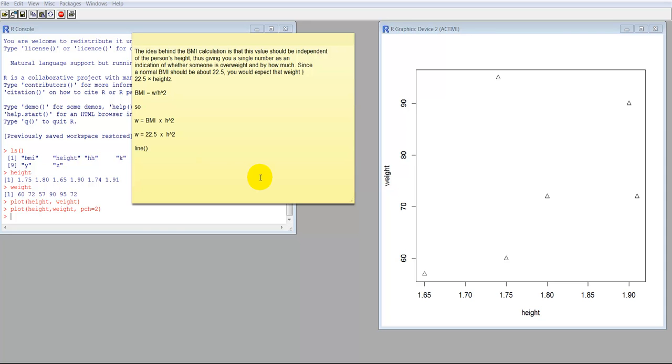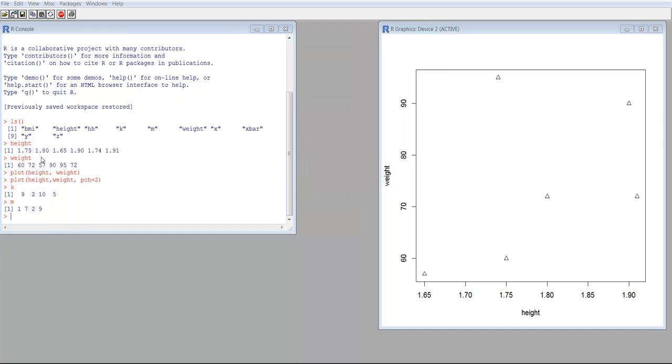Okay, so we're going to include this in our graph, but before we do that, I want to stop and explore this function called the line function. In order to explore this, let's make 2 more variables. I already made them, but make them yourself. K: 9, 2, 10, 5, and M: 1, 7, 2, 9.